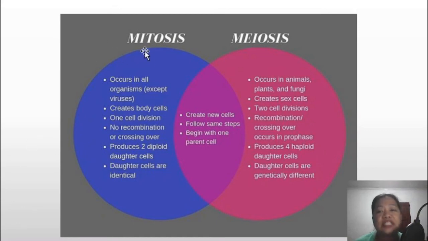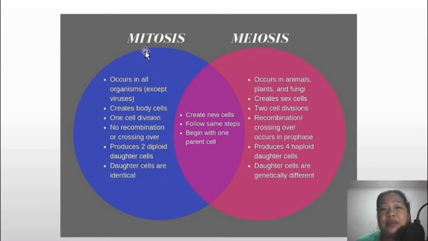Based on the organism, meiosis occurs in animals, plants, and fungi, and mitosis occurs in all organisms except viruses and bacteria.